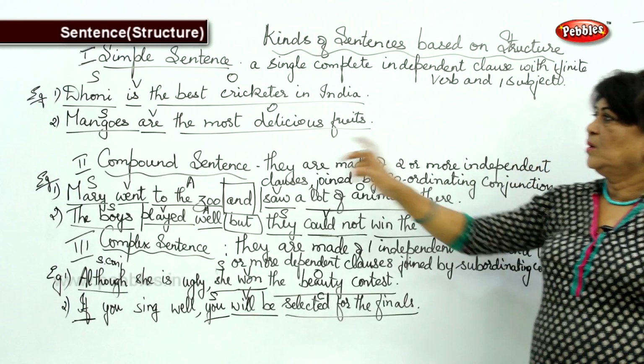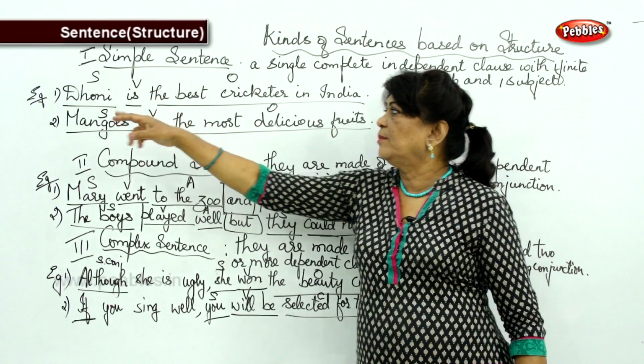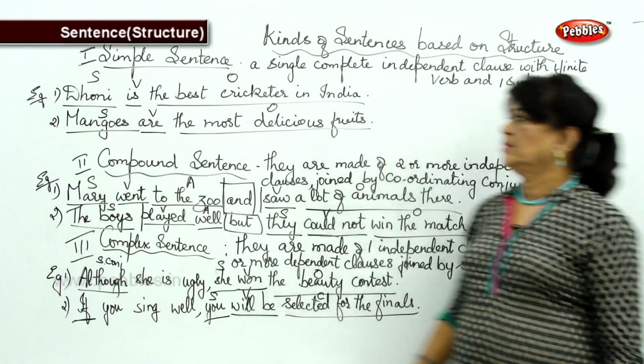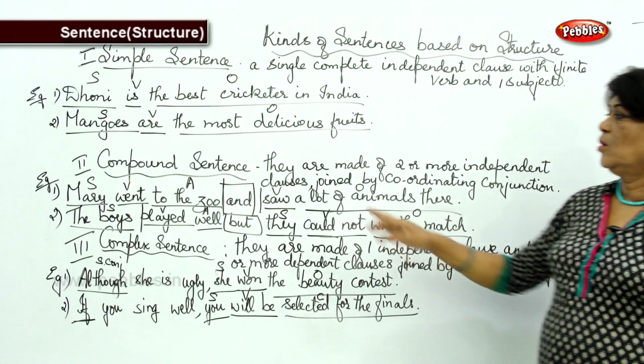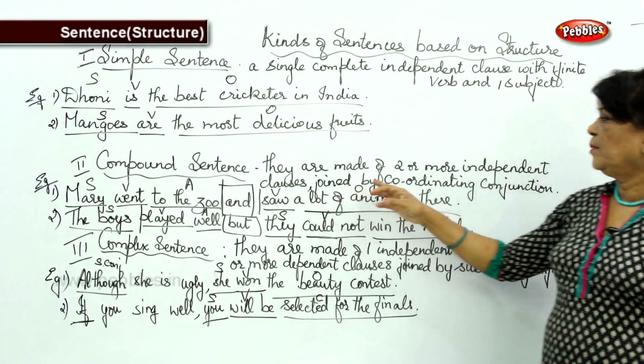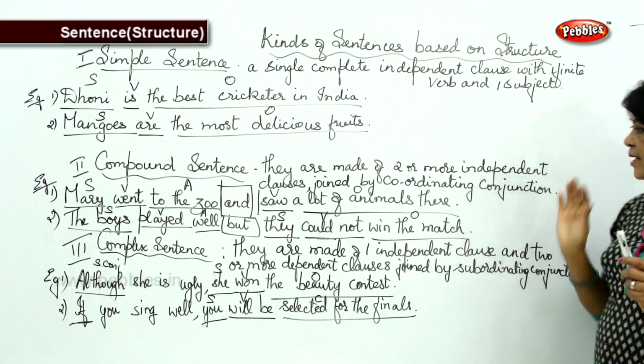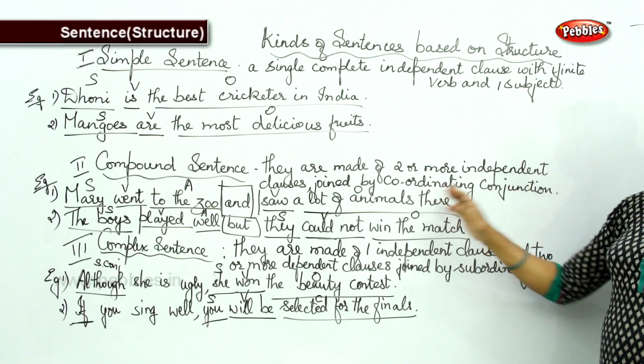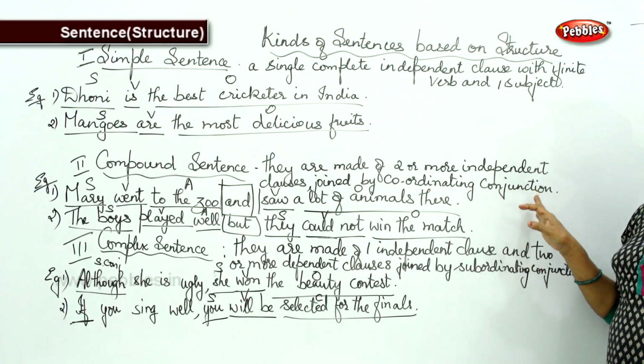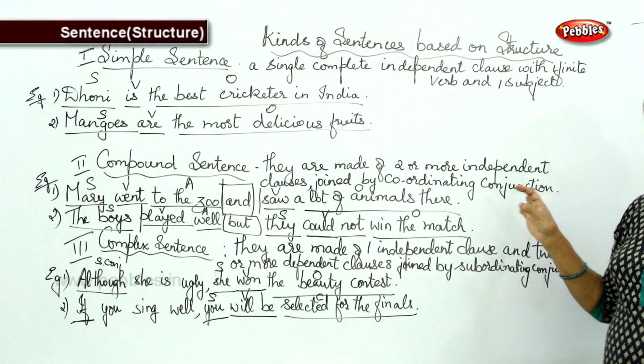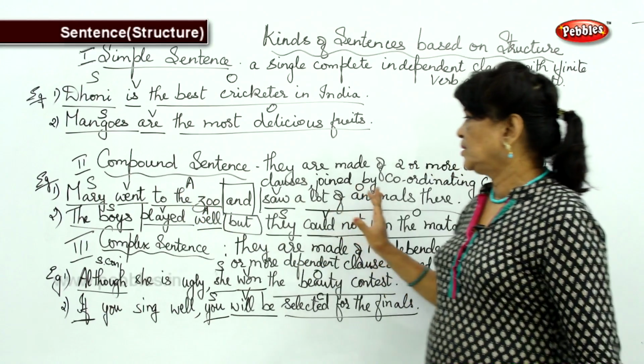Is that clear? It has only one finite verb and one subject. Okay. Compound sentence, they are made of 2 or more independent clauses joined by coordinating conjunction. Okay. 2 parts of the sentence.